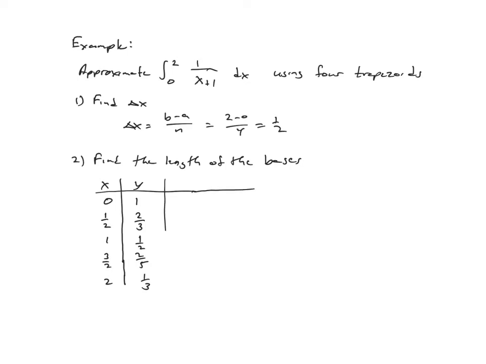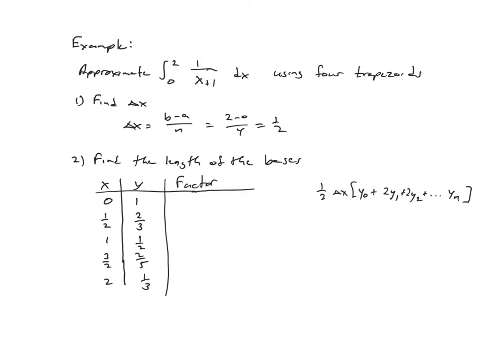The one thing I have to do is identify each value's factor. If you remember, in the trapezoid rule, it was 1/2 times delta x times y0 plus 2y1 plus 2y2, and that continued on like that until we got to y sub n, the last one.